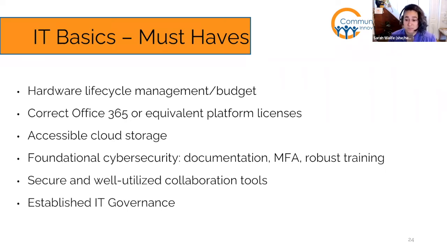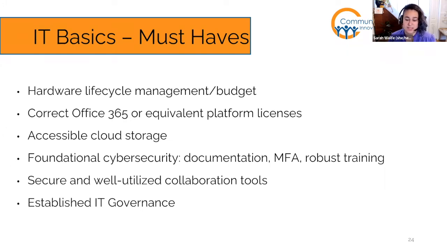Some of them are able to give really robust cybersecurity, monitoring, and help desk support capabilities, and making sure that you are using the right license for what you need is really important. Sometimes it does require a little bit more investment than just using the 10 free business licenses, but it's worth it.